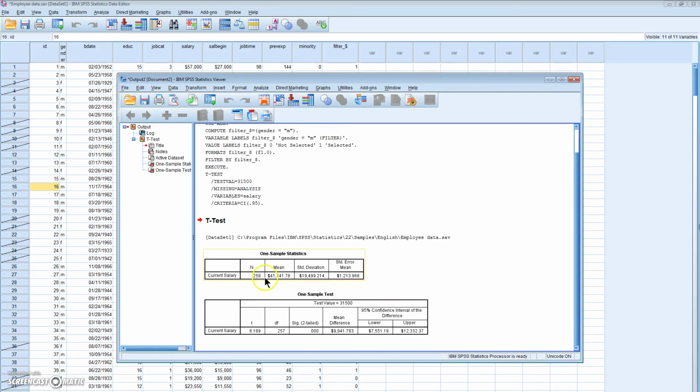Here we see the sample, the number of subjects, the sample mean, the sample standard deviation, a t-value of 8, degrees of freedom, and our p-value is less than 0.001. So men are making significantly more on average at this company than the population mean of 31,500.